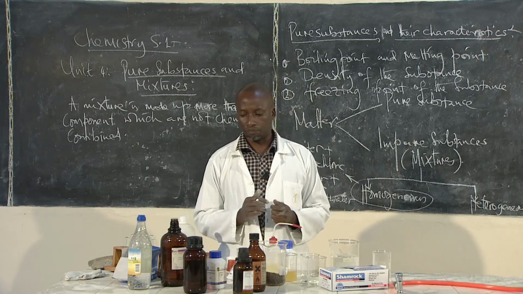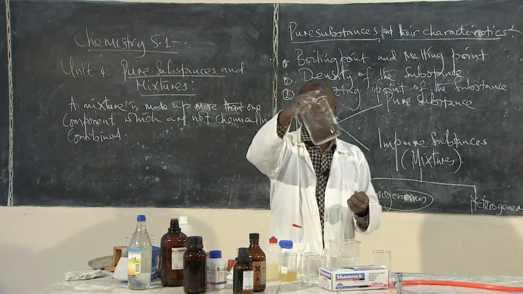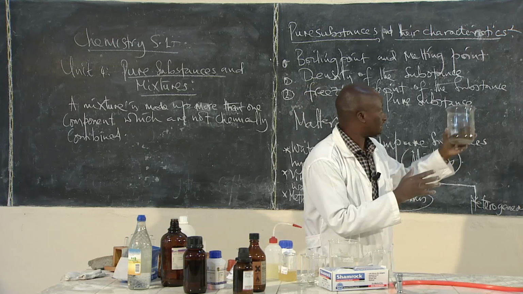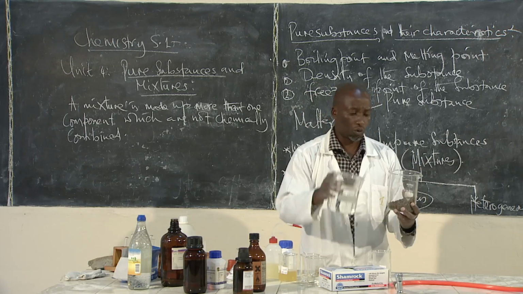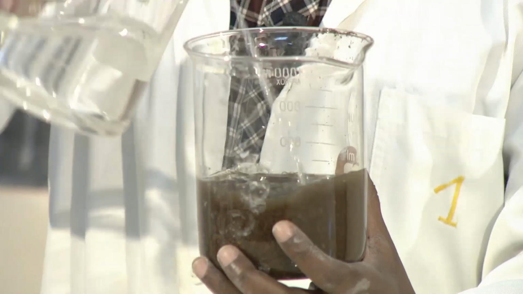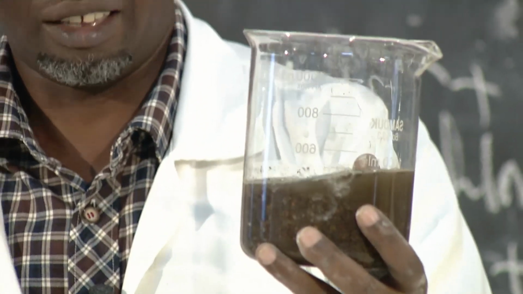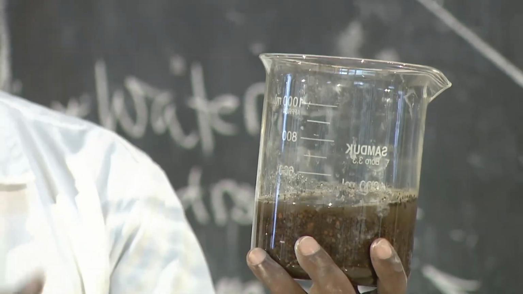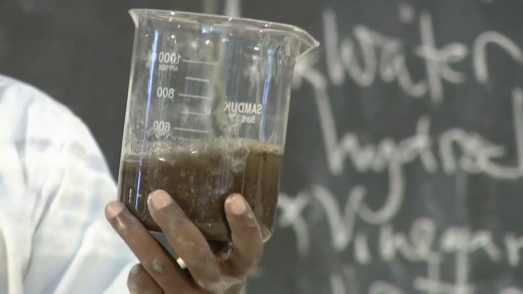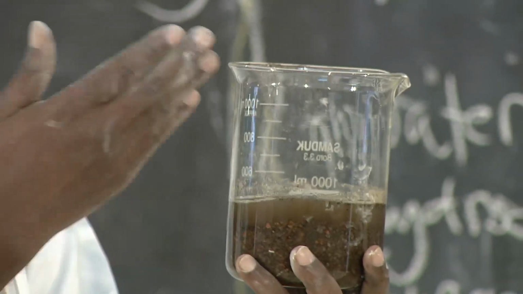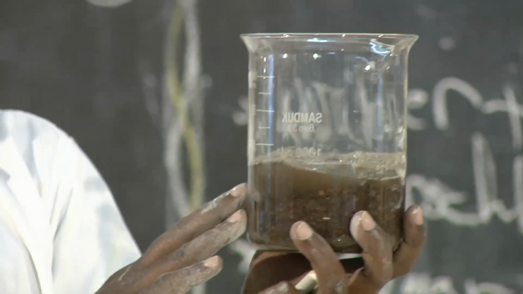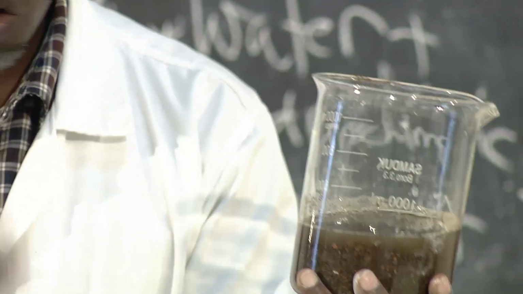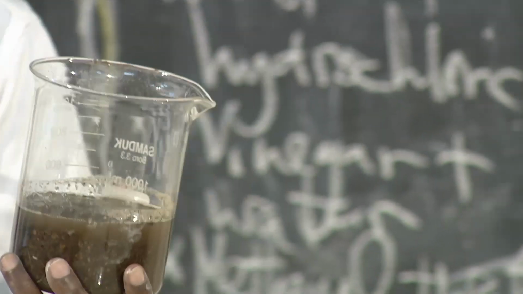So it means if they are physically combined, you can use a physical method to separate them. For example, this is sand. This is another example: if I put the water here, this makes a mixture that is heterogeneous, solid and liquid. This one can be easily separated because sand does not react with the water.